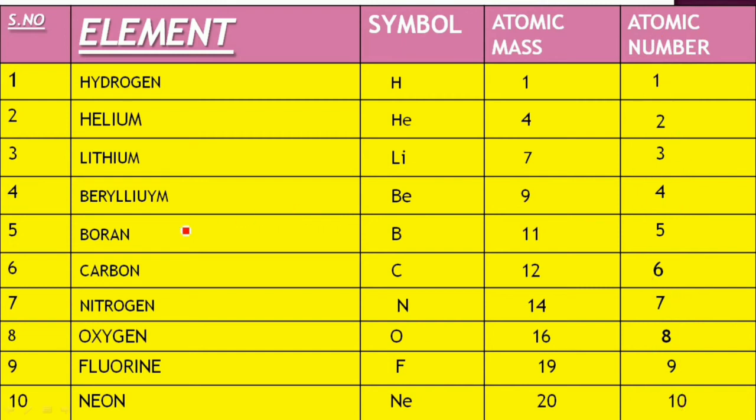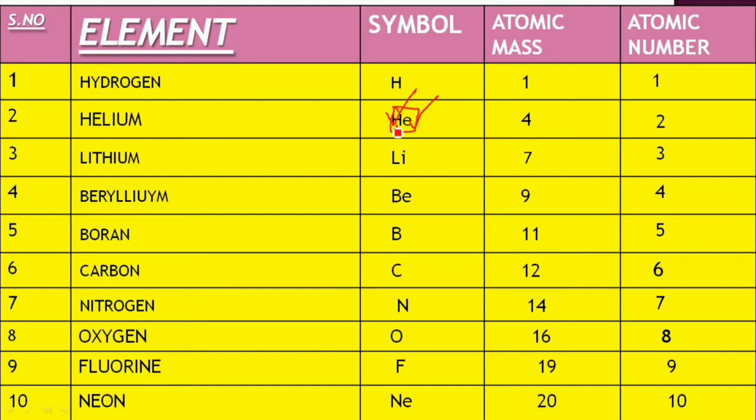Next, the fourth element, beryllium. The symbol is Be. If you observe all the symbols that have two letters, one is a capital letter and the other is a small letter. When we write symbols, we should write like this only.